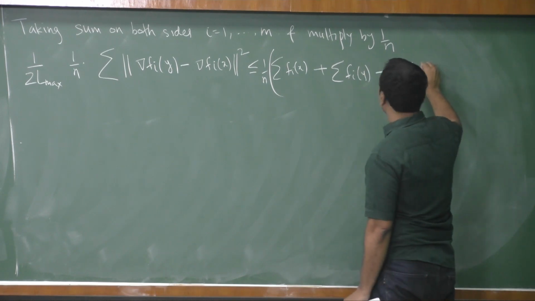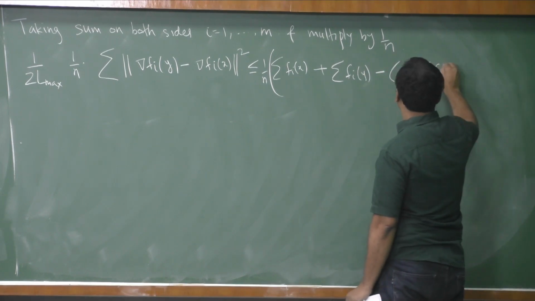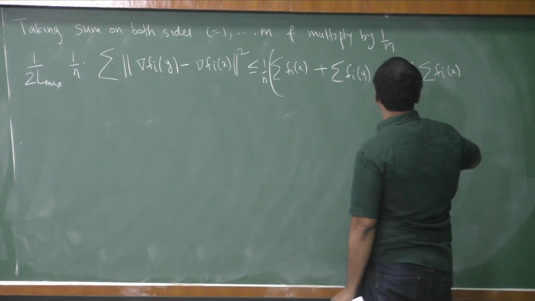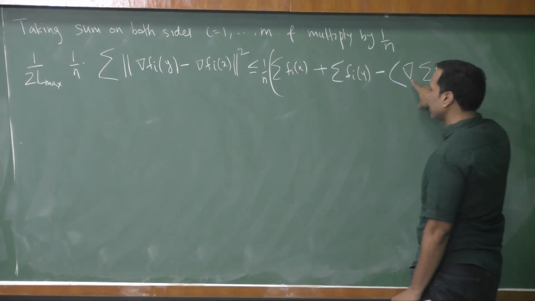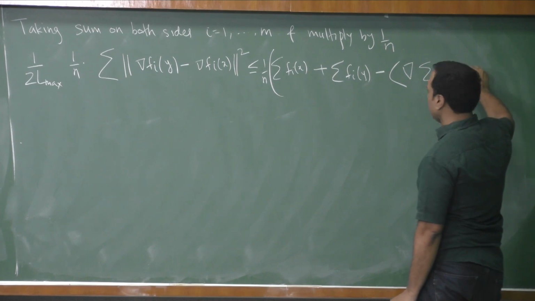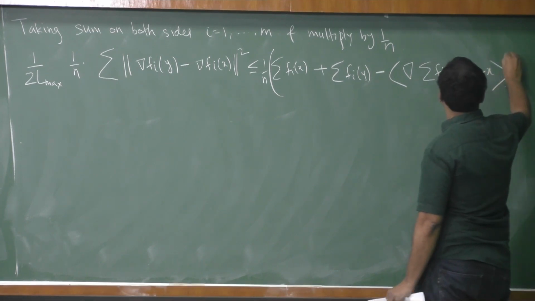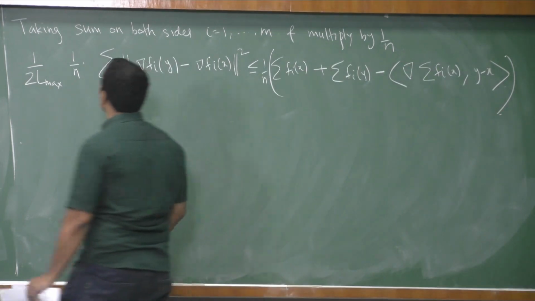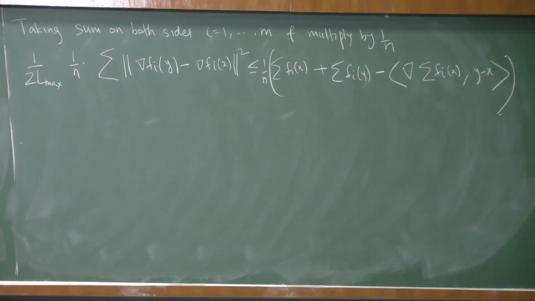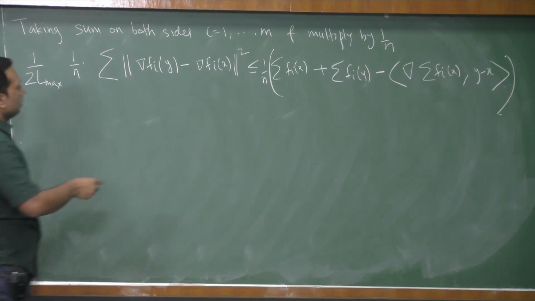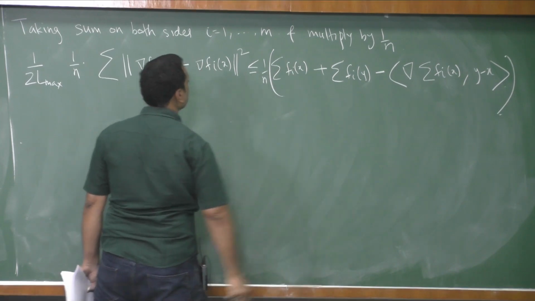So I can write this as grad of the sum of Fi x, because grad is a linear function, and then y minus x. We did the sum and we multiplied by 1 by n. Although I don't know how n on the right hand side will, no, okay, the way it was defined, the whole sum is actually f. Okay, so that makes sense.